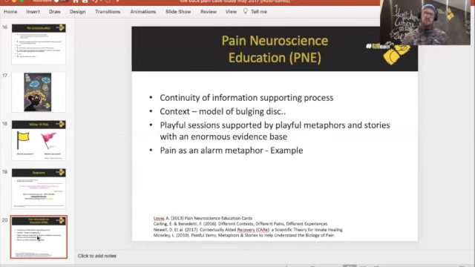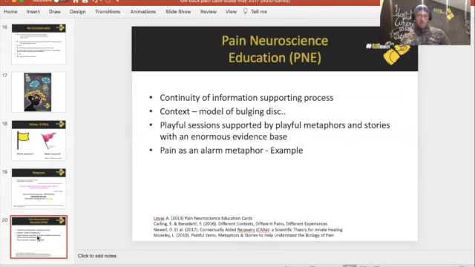So making things cartoon, making things playful is not playing things down. It's just being able to translate things in a way that we know we as humans process things and we learn better.